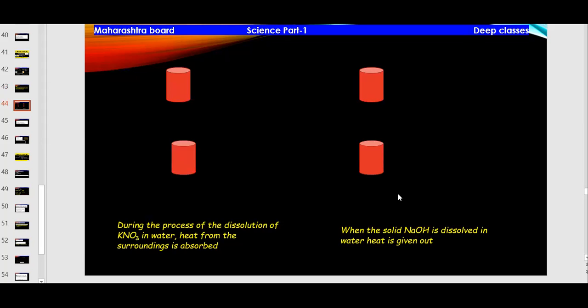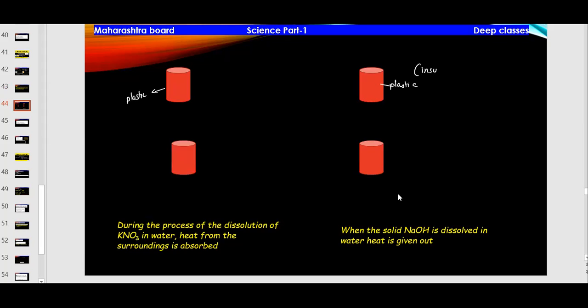Okay, let us try to understand another activity which is discussed in your textbook. Let us take two bottles here, which are of plastic. Both are of plastic. Why plastic? Because it's an insulator of heat.